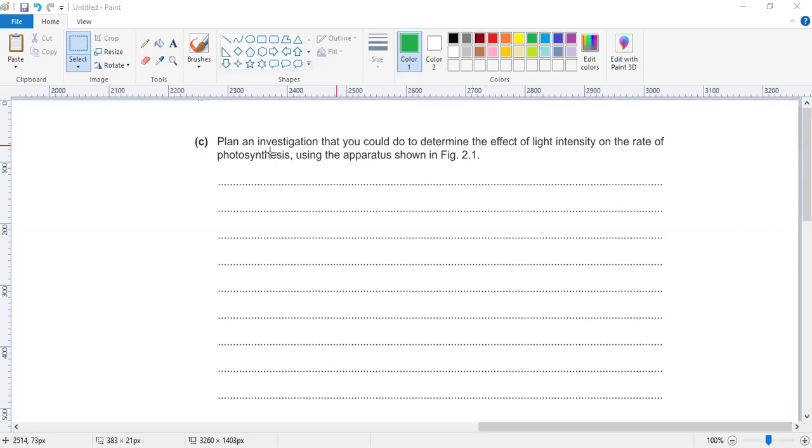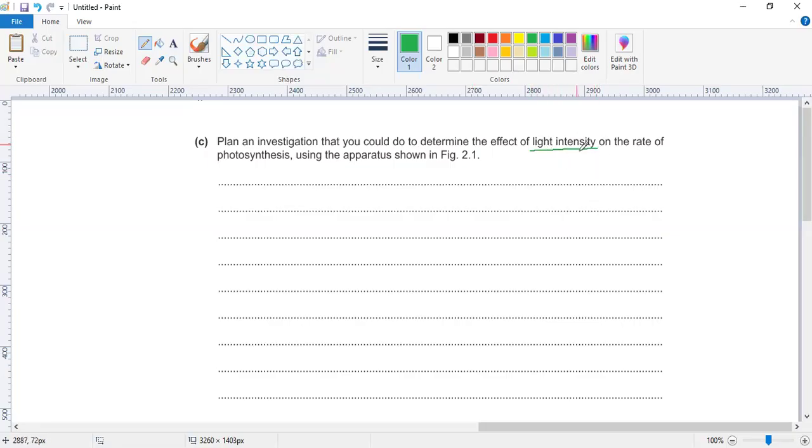Okay, so this is the last component of the question, and this is the planning question. It has 6 marks. Plan an investigation that you could do to determine the effect of light intensity. In the experiment that we have seen, we used different colors of light.